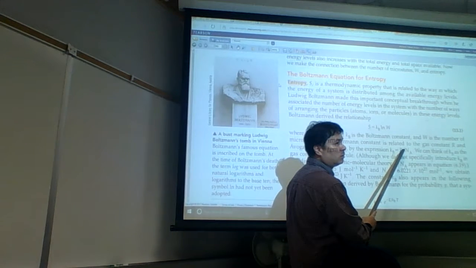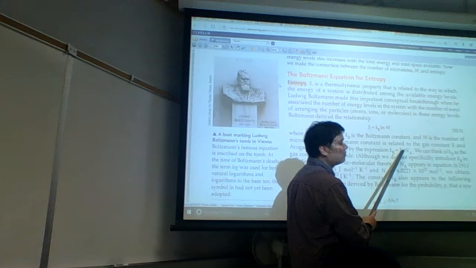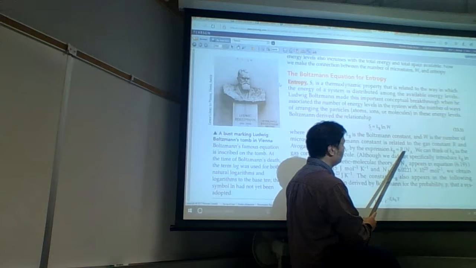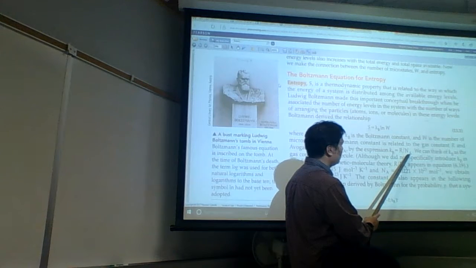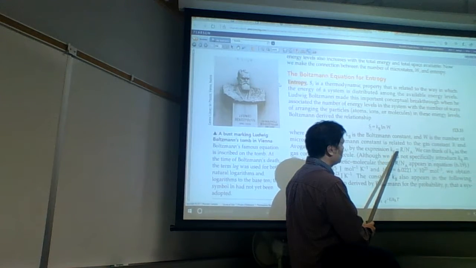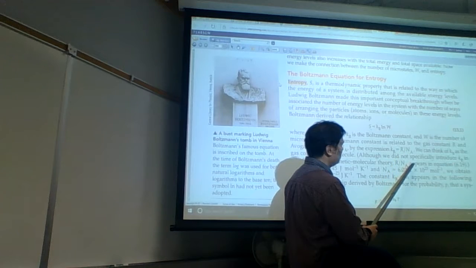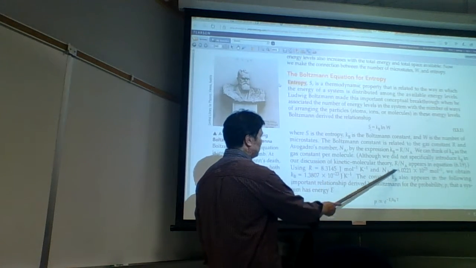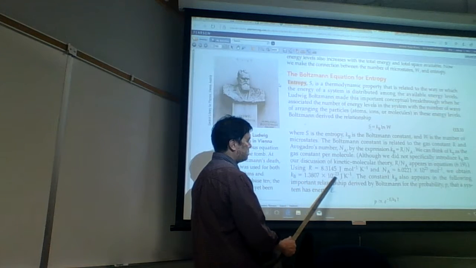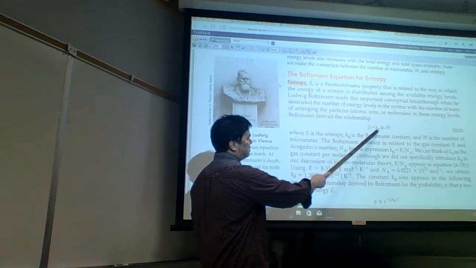R is the gas constant, 8.3145 joules per mole Kelvin. Now, if you take that number and divide it by Avogadro's number, N sub A, then we get K, which is the gas law constant per particle. So you just take R divided by N sub A, and then we get K. So K is no problem.